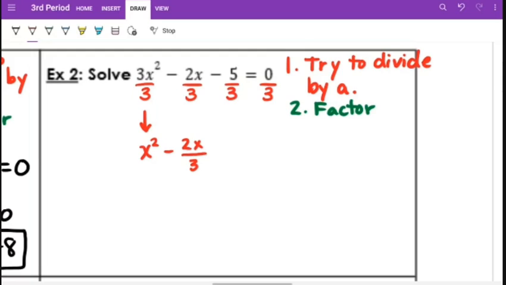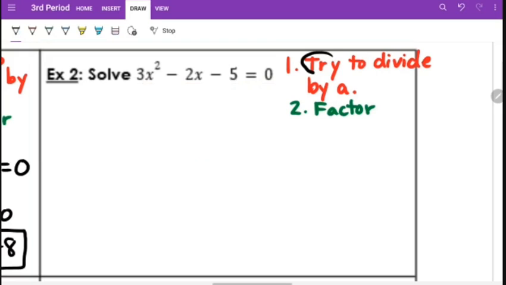When we're dealing with factoring problems, we never, ever want to get decimals or fractions. Ever. So please, if this doesn't divide and give you a whole number, don't do it. So that's why step 1 says try to divide by a.